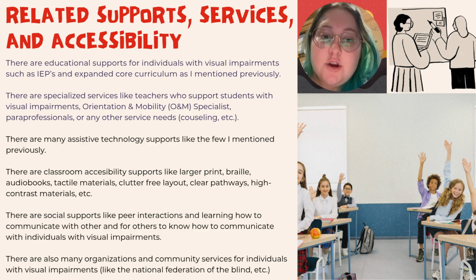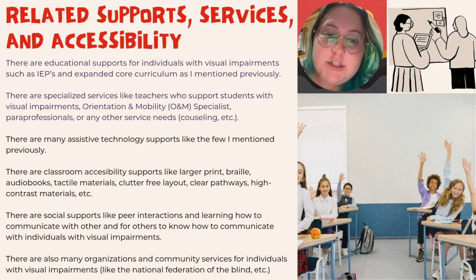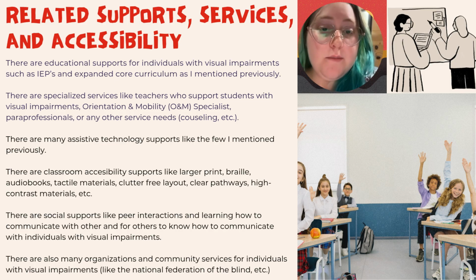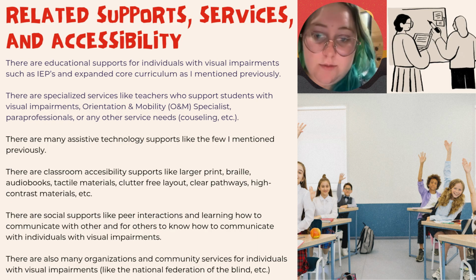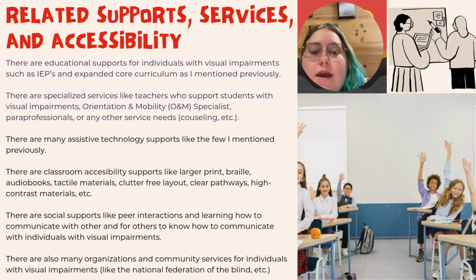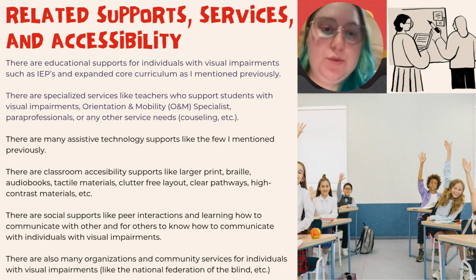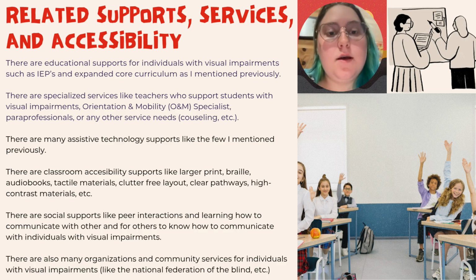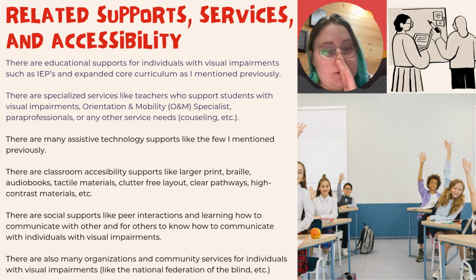So in your classroom, you would have to tell all of your students, hey, our student has visual impairment, so you're gonna have to pick up your backpack and put it on your chair so that they don't trip over it. Labeling everything in the classroom to be able to be felt by the students with visual impairments.